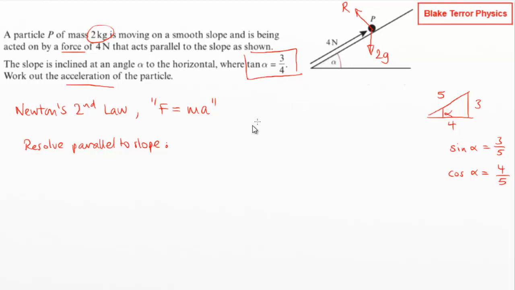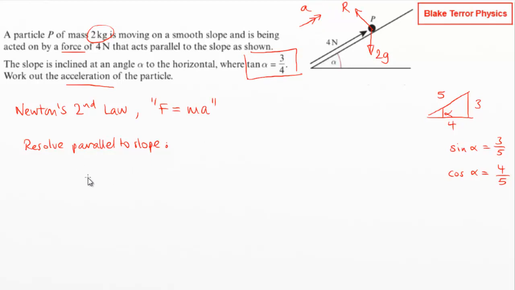So when we resolve parallel to the slope, then our resultant force, let's mark on our acceleration, let's assume it's going upwards, which may or may not be the case. We don't actually know, but I'm going to put that as our positive direction.